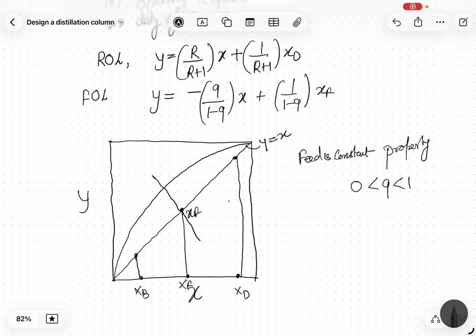Now this line which passes from xd, where yd is equal to xd, has a slope of R plus 1. So based on R, it might meet the feed line outside the equilibrium region. When the operating line of the rectification section meets the feed line outside the equilibrium section, at those values of R, distillation cannot be done.